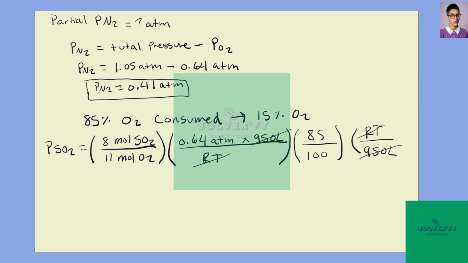So when we calculate our molar ratio of sulfur dioxide to oxygen, using the pressure for O2, and accounting for the 85% oxygen consumed, our pressure for sulfur dioxide is going to be 0.396 atmospheres.